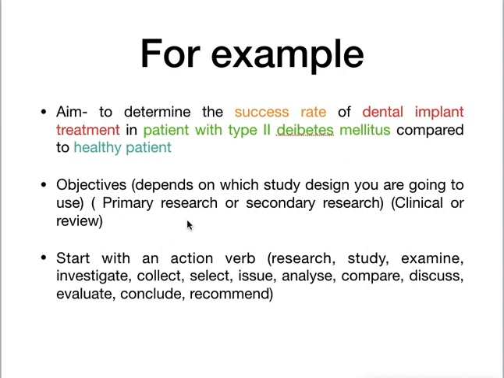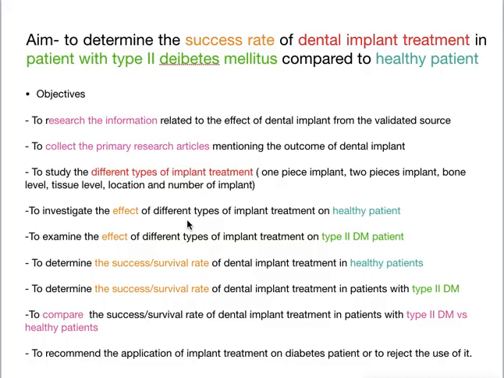So you need to write, starting with an action verb, like to study, to research, to examine, to investigate, to collect the data, to select, to analyze, something like that. These are some strong action verbs. So this is just an example of how we're going to write an objective.